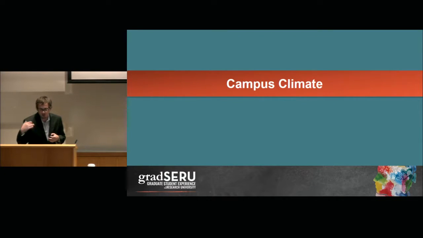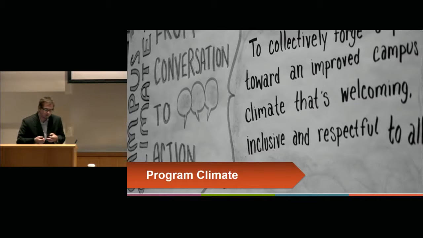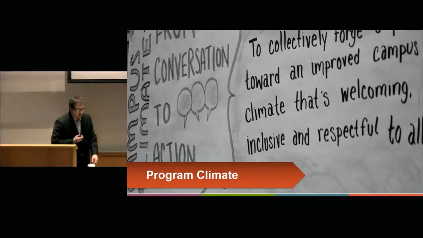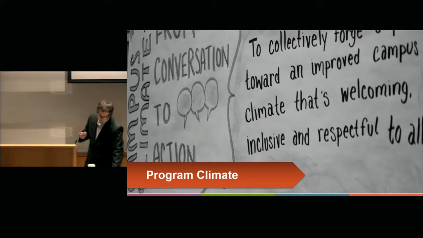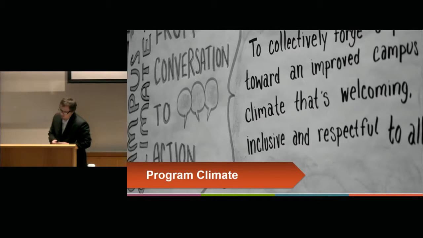So just to overview some of the information that's in the campus climate section, it's broken into 3 sections. The first is about program climate, where we ask students to rate how they feel the climate of their program is.